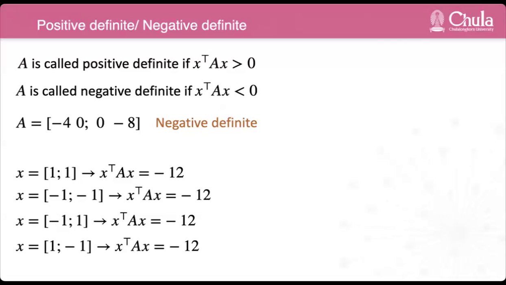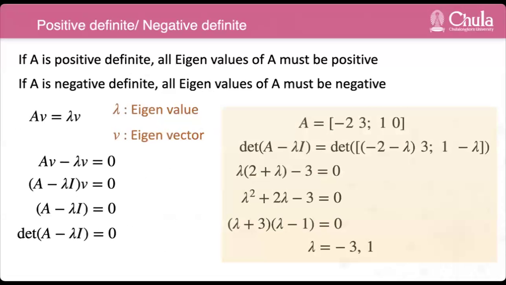So you have to test so many vectors X. But if you test the eigenvalue, it's much easier. For a positive definite matrix, all eigenvalues of A must be positive.